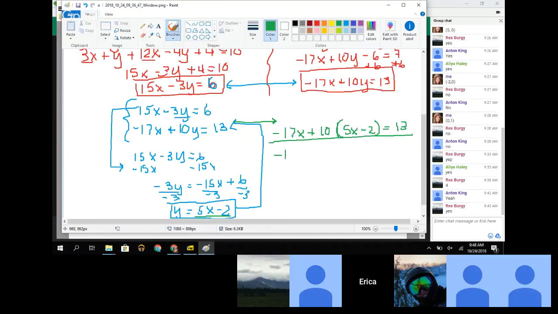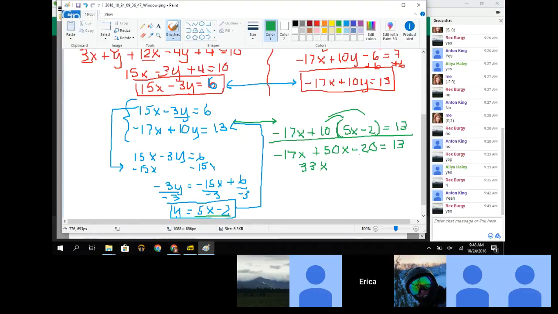So I have negative 17x. I need to distribute my 10 plus 50x minus 20 equals 13. Here's where you're really hoping your numbers work out, right? What is positive 50x plus negative 17? 33x, right?